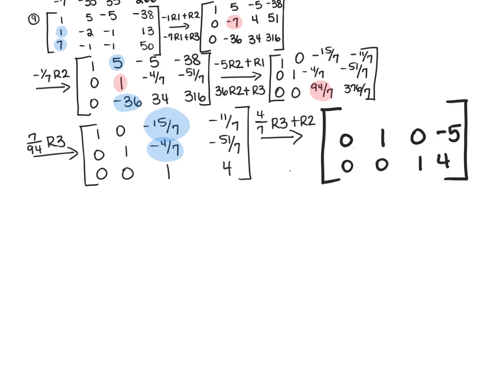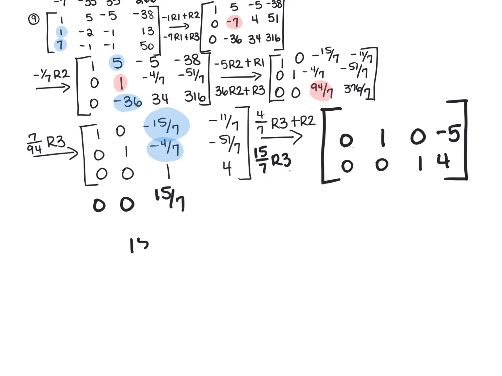So now, last but not least, very last step in this problem, we have to get a 0 here. In order to do that, we're going to take positive 15 over 7 times row 3. So 0 times anything, 0 times anything. 1 times 15 over 7 is positive 15 over 7.